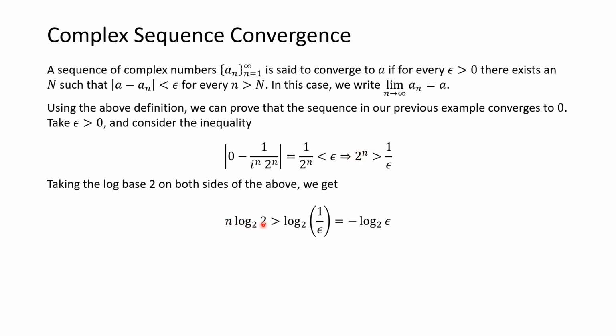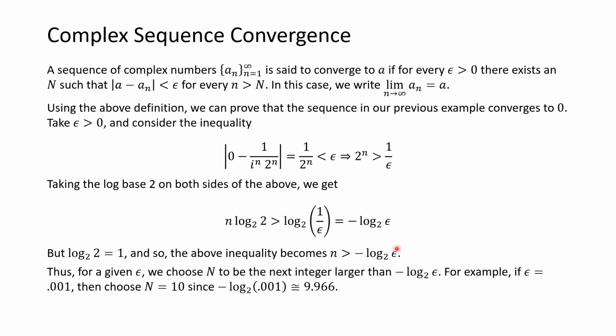So we get n log base 2 of 2 is greater than log base 2 of 1 over epsilon, which equals minus 1 times the log base 2 of epsilon. So on the left, log base 2 of 2 is 1. So we get an n there. And so we have n greater than minus log base 2 of epsilon. And whenever n is bigger than this, then we have this inequality holding.